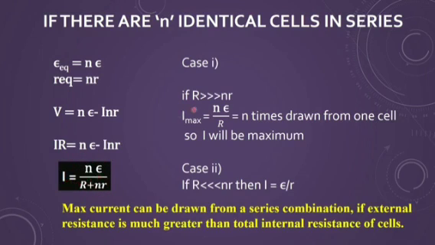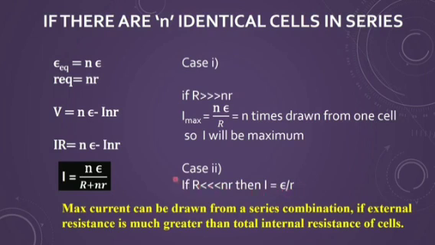And if I take R greater than nr, then what happens? The current comes out to be the maximum value, which equals n times the current drawn from one cell. But if the external resistance R is less than nr, then I will be equal to epsilon upon R. It means it is simply behaving like a single cell.